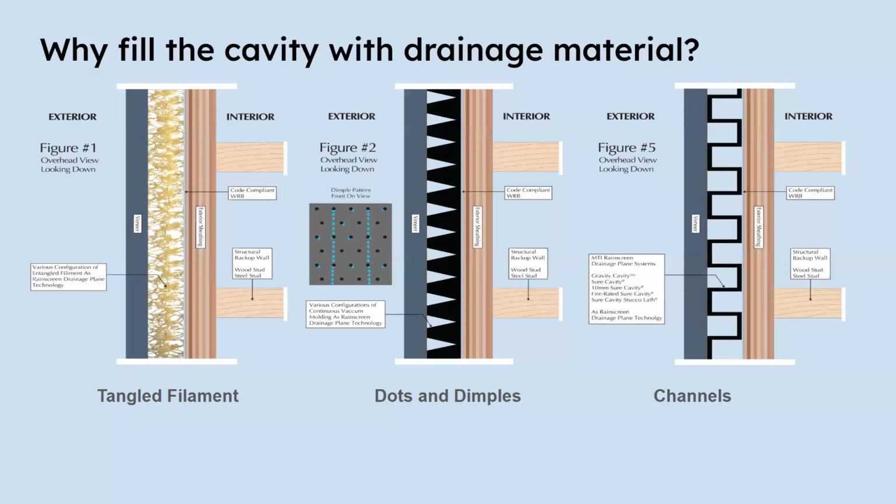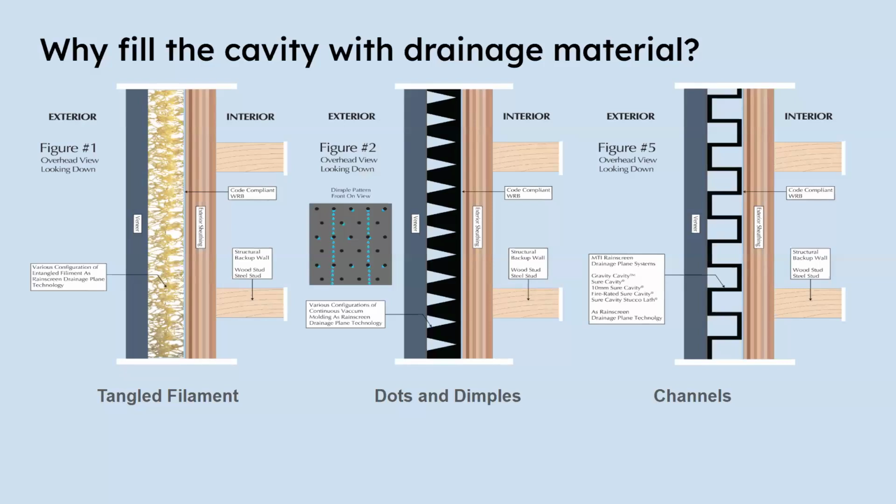In a channel configuration, which would be the third primary technology used, a corrugated pattern of drainage mat would be placed in the wall, which many would argue would clog the cavity least of the three types of technologies.